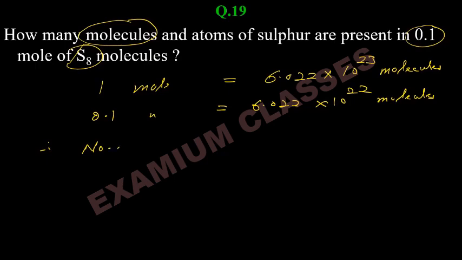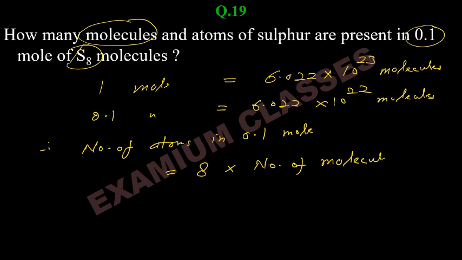Hence, number of atoms in 0.1 mole will be equal to 8 times number of molecules. One molecule has 8 atoms. So you will write 8 into 6.022 into 10 power 22 atoms. So approximately 48 point something.